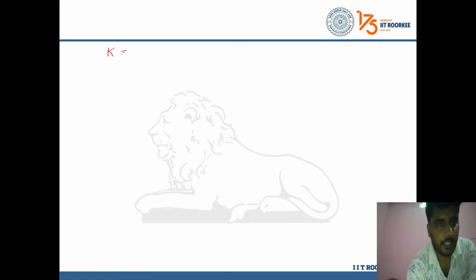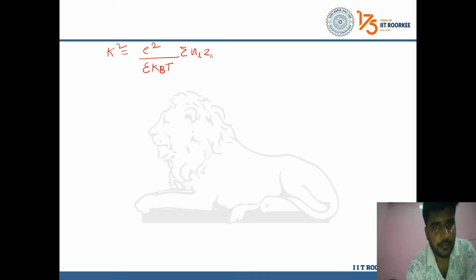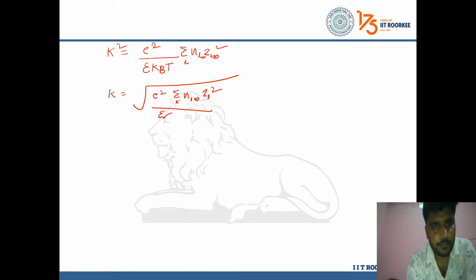That is kappa square equals e square over epsilon kBT, multiplied by this summation. Before solving the overall problem, I will be simplifying this.